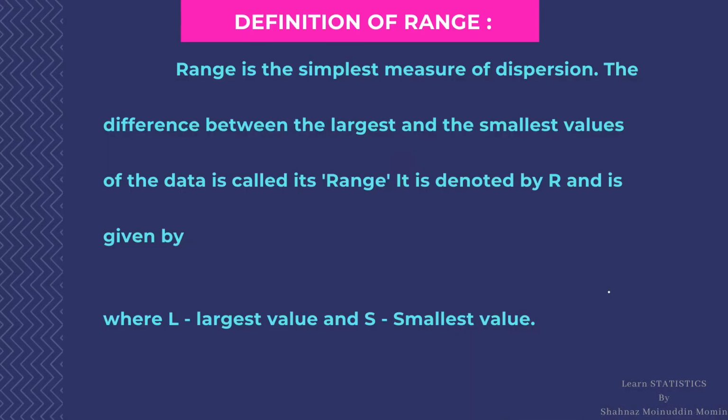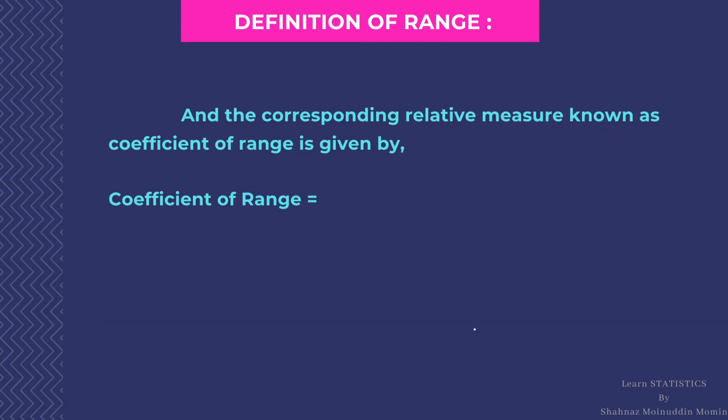Range is the simplest measure of dispersion. The difference between largest and smallest value of the data is called as its range. Range is denoted by the capital letter R, and it is given by R equals L minus S, where L is nothing but the largest value of the data and S is the smallest value of the corresponding data.